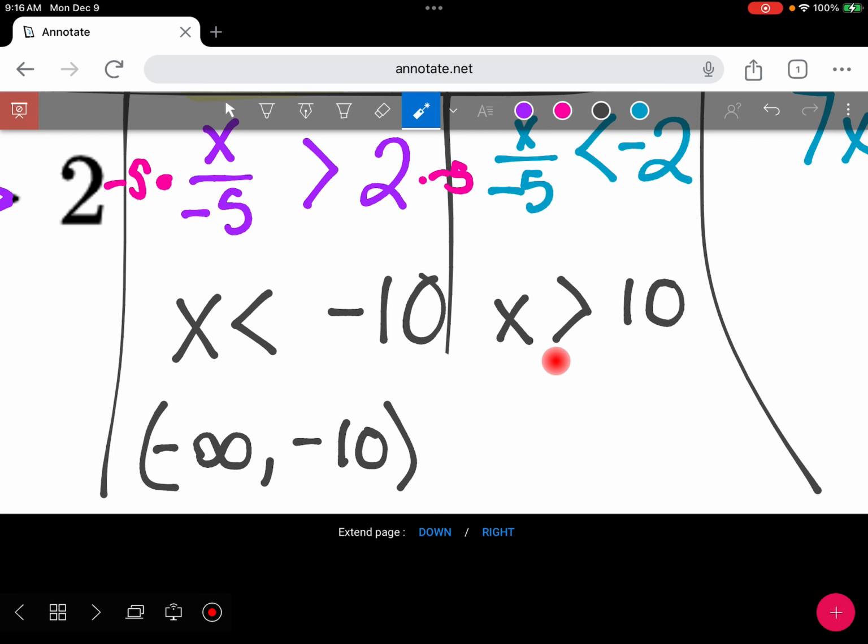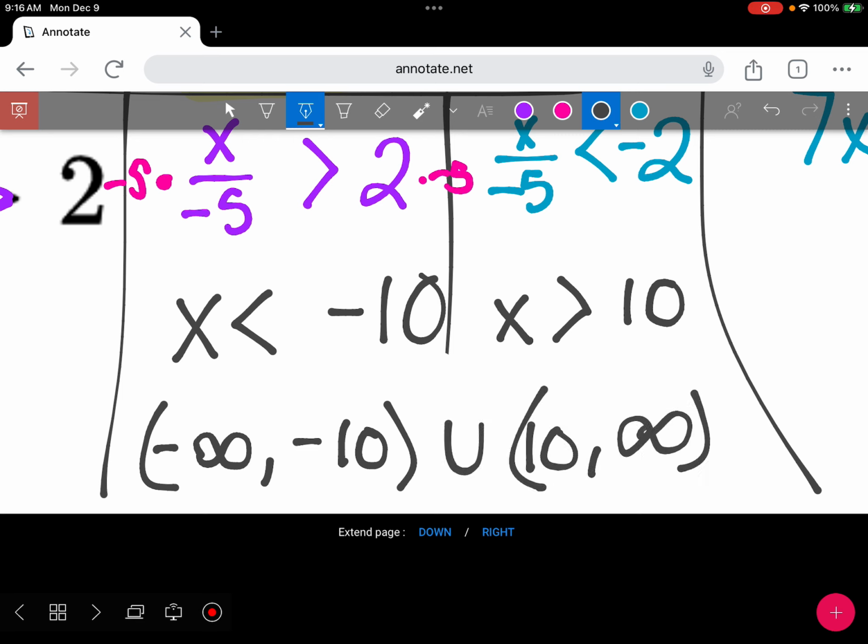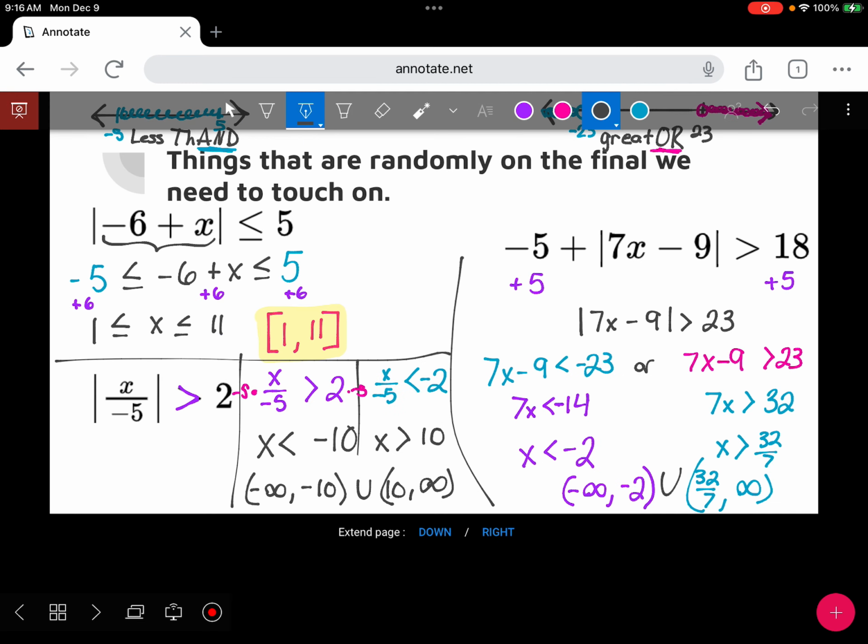How about this one? I'm going to say 10 to infinity, and we join them with a union. Okay, so we did absolute values, we did inequalities, we just hadn't smushed them together. At least not as far as I recall. Questions on those guys?